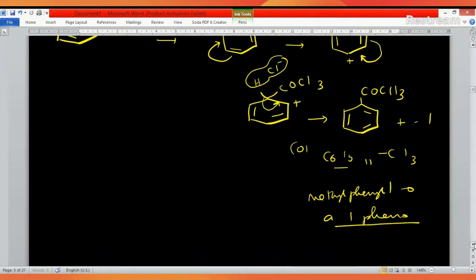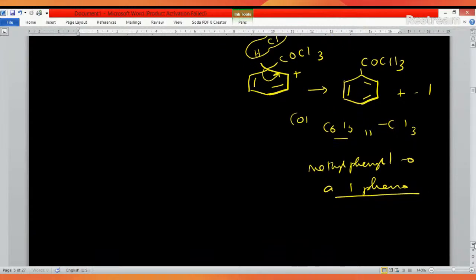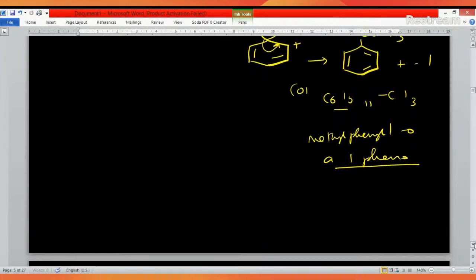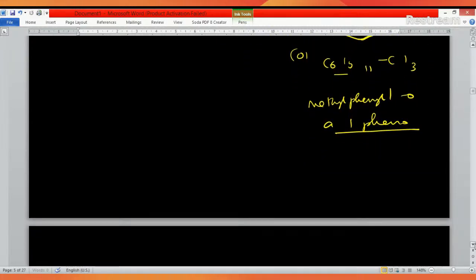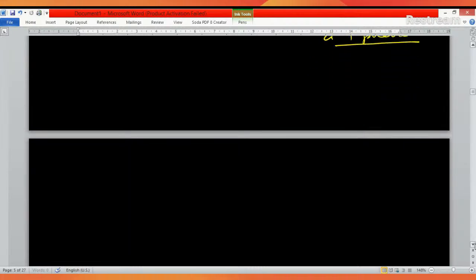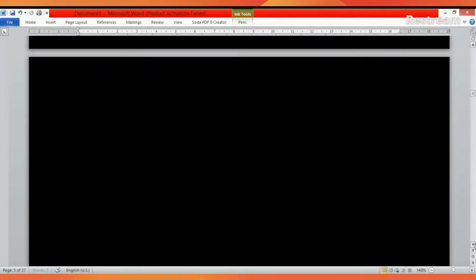So apart from the acetylation or acylation, one more reaction can also be given for Friedel-Crafts. That would be the benzoylation reaction. What is it? Friedel-Crafts benzoylation reaction.